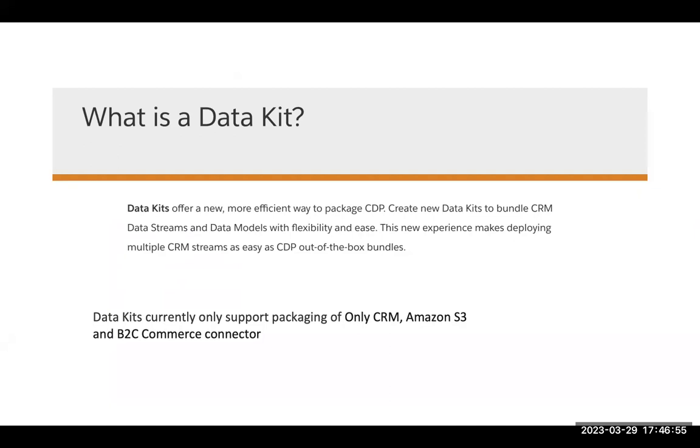This new experience brings a lot of value addition for deploying multiple CRM streams, and at the same time, it provides you the complete flexibility of deploying some of the data kit, some of the CRM data models or Amazon S3 and B2C Commerce Cloud connectors. Currently, the data kits only support packaging of CRM as well as Amazon S3 and B2C Commerce connectors.